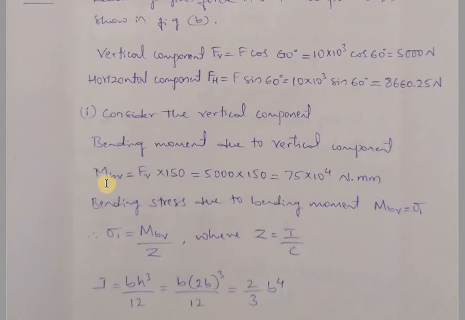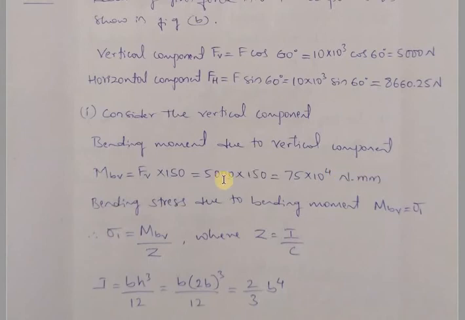MBV, that is MB is a bending moment due to the vertical load. So vertical load Fv into 150. 150 is the distance. So vertical load we have 5000 Newton into 150. We get bending moment as 75 into 10 raised to 4 Newton millimeter.